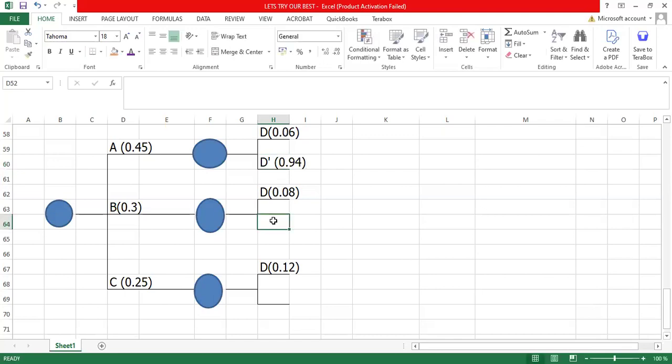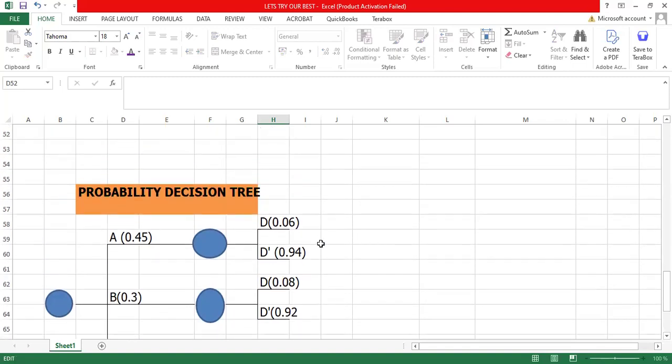Then what is the probability of B not producing a defective item? 1 minus 0.08, that is 0.92. Then what is the probability of C not producing a defective item? 0.88.